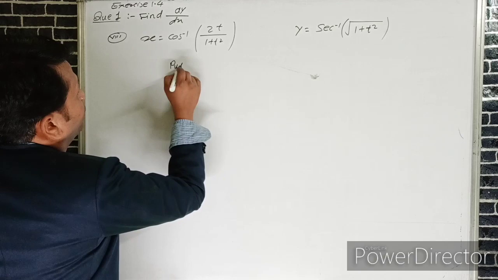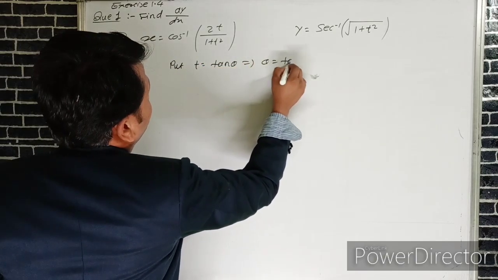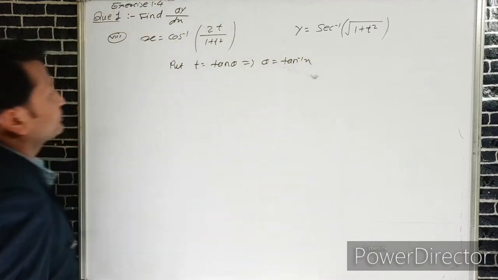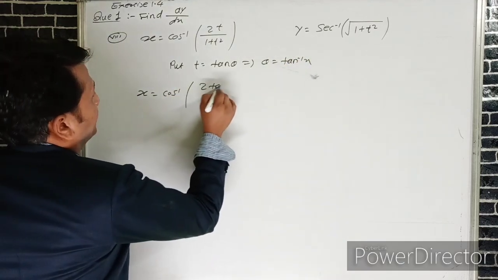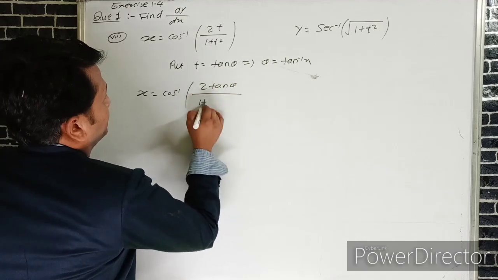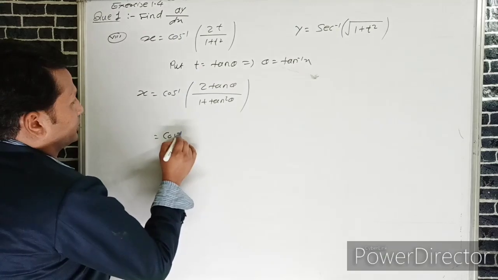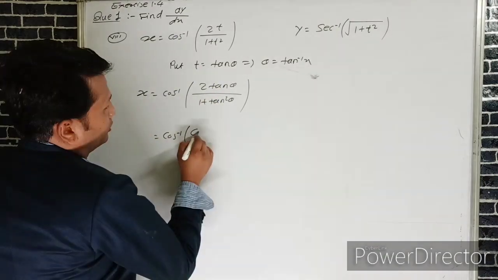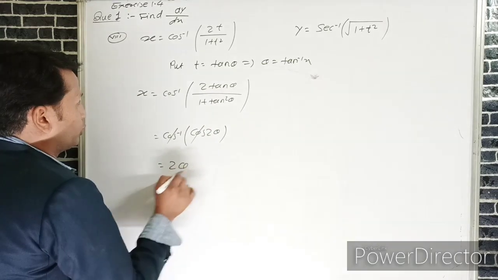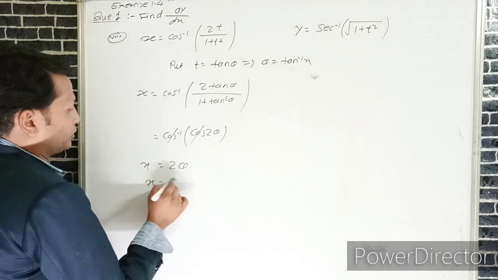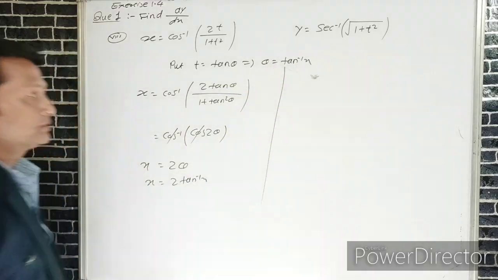First we put t = tan theta, so theta = tan inverse of t. Then x becomes cos inverse of 2 tan theta upon 1 plus tan square theta, which is cos inverse of cos 2 theta. Here cos inverse cancels, so x = 2 theta, that is x = 2 tan inverse t.